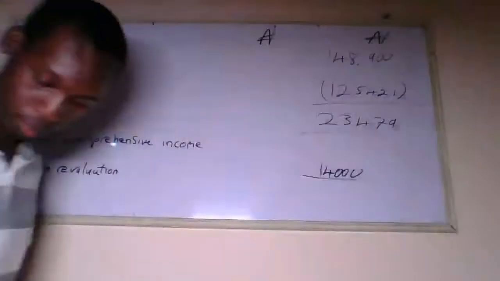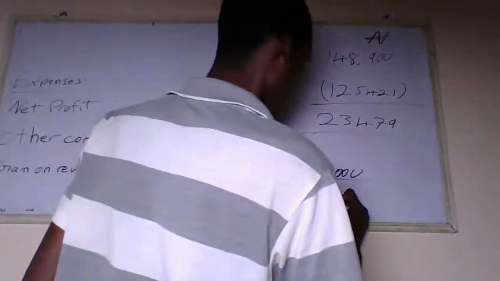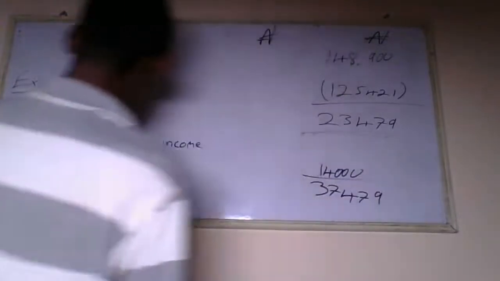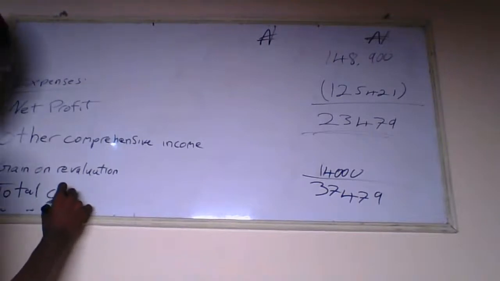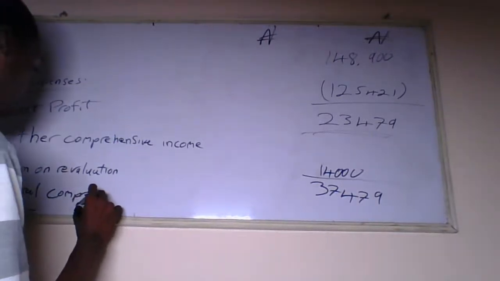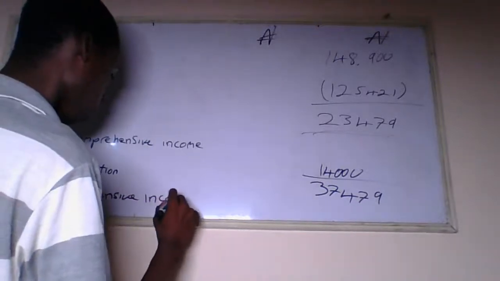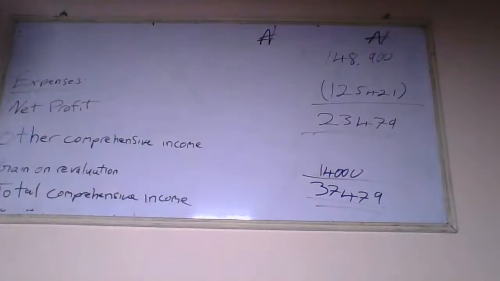And you add the two to give us your total comprehensive income. So this is your final answer for the first question. And with this, we are done with the statement of profit or loss and other comprehensive income.